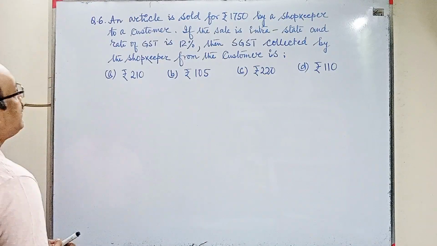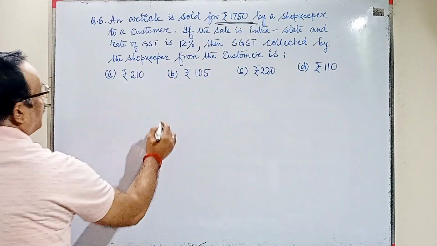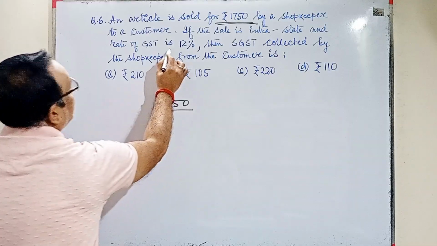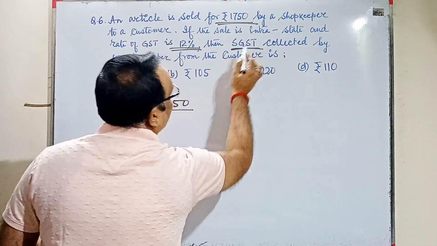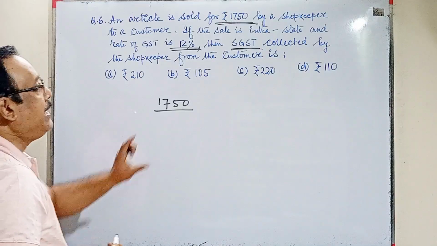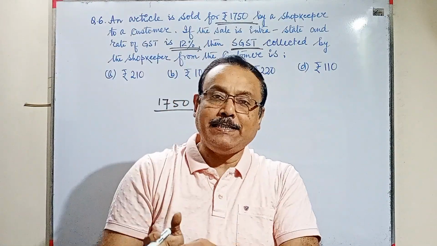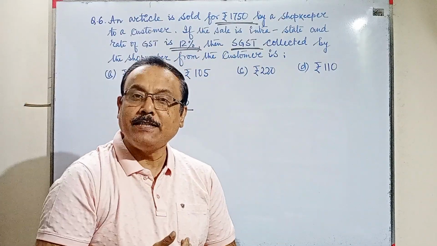Now, let's see. The price of the item is 1750. Rate of GST 12%. They have asked what is the SGST collected. I have already discussed that total GST is split into two, CGST and SGST. So if 12% is the total GST, then SGST will be 6%.